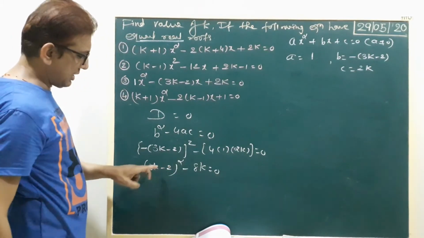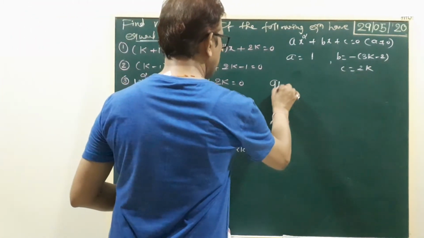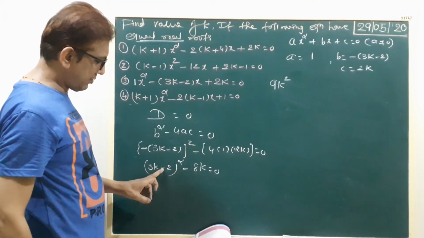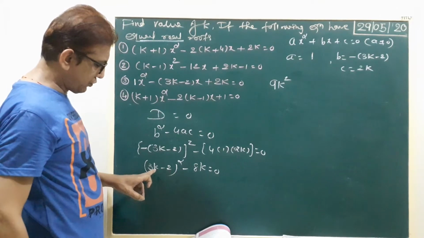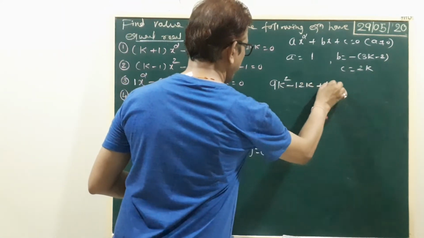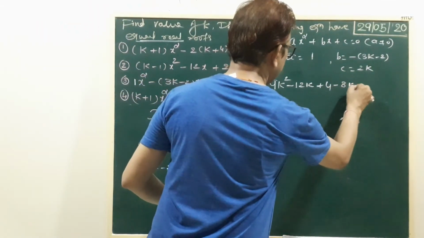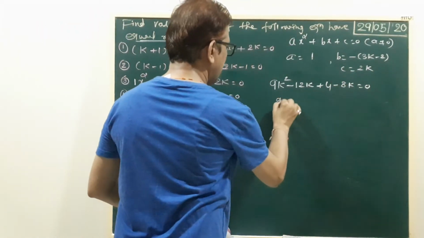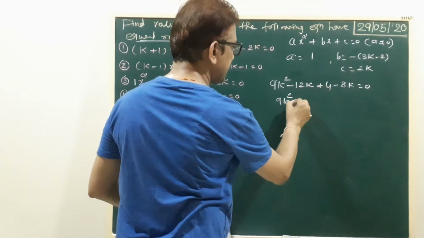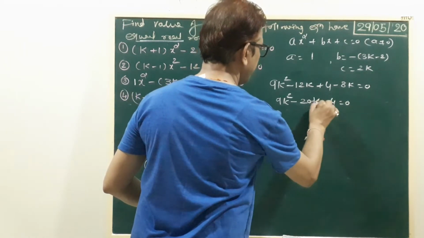Clear? Now here the (a minus b) whole square formula expansion: a square, 3 square is 9, k square is k square; 2 2s are 4, 4 3s are 12, minus 12k; and 2 square is 4. Then minus 8k. Now 9k square, and 8k and minus 12k both have the same sign, so minus 20k plus 4 equal to 0.